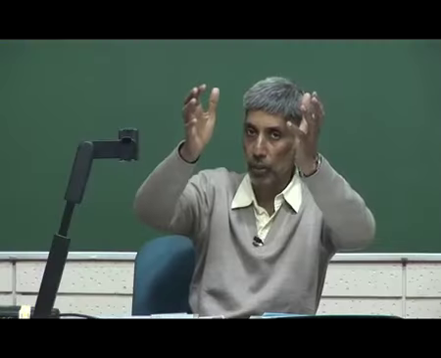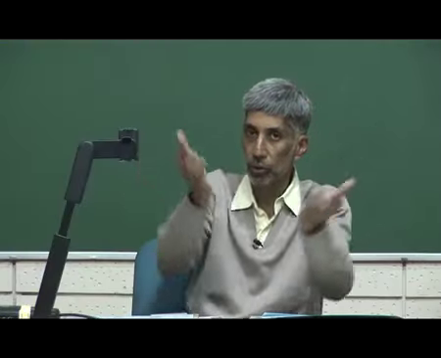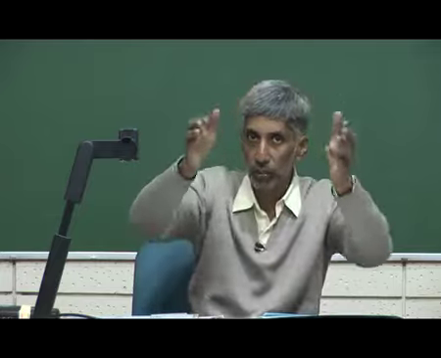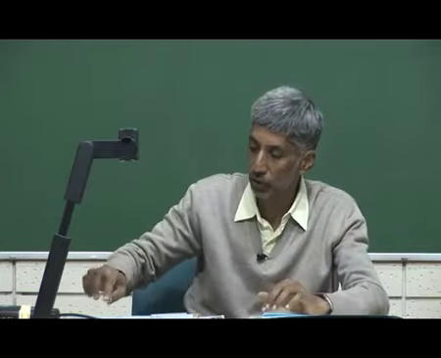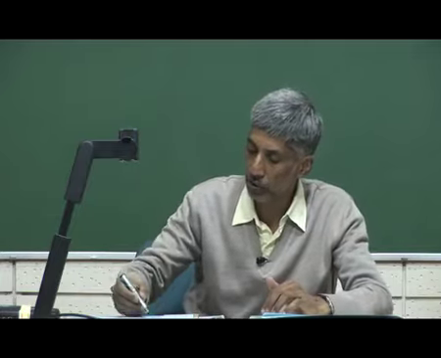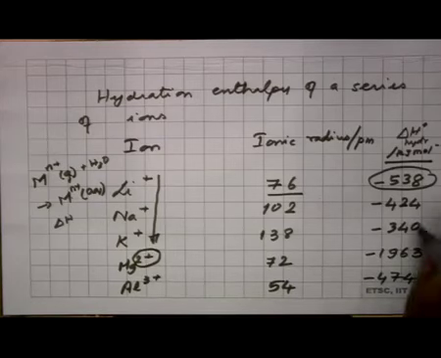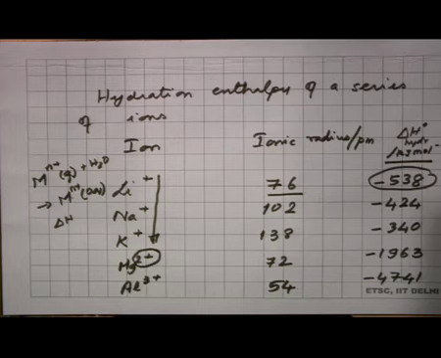I am taking a singly positive charge, I am distributing it over a sphere. So, the larger the sphere, the lesser is its interaction, because on the surface there is less charge. So, that is all that is happening. As the radius increases, the hydration enthalpy decreases. And the same thing happens here with Mg2 plus, you have larger charge distributed over the same radius, so interaction increases.